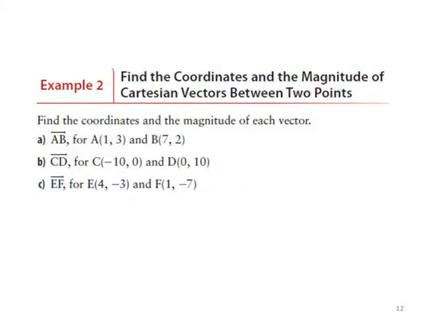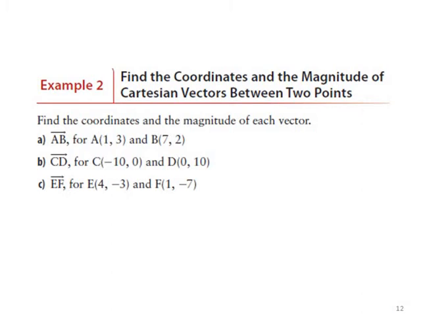Now let's see the second example. Find the coordinates and the magnitude of each Cartesian vector between 2 points. Part A. Vector AB, for A is (1, 3) and B is (7, 2).